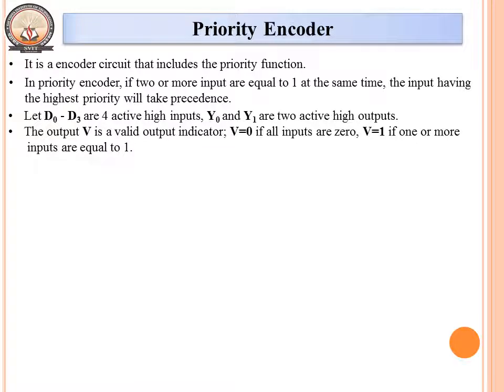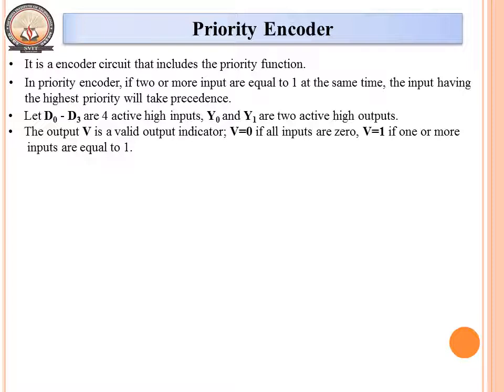Here we have taken 4 active inputs and 2 outputs, y0 and y1, which are active high outputs. We have included one more output, V, which indicates whether we are giving a valid input or not.